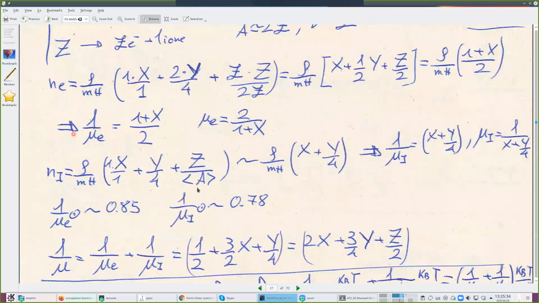For the ions it is this one, with an approximation that the mean value for the mass number of the particle is quite big, so we can ignore this value.